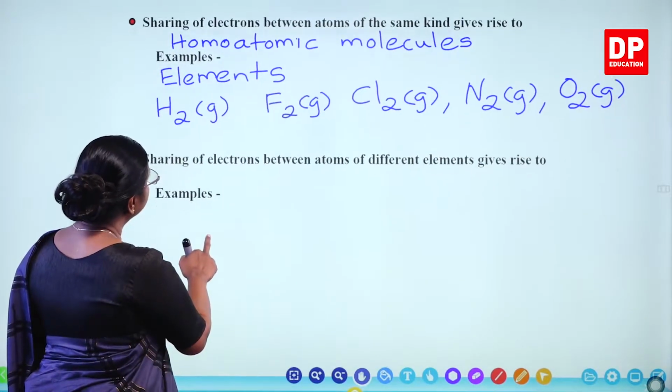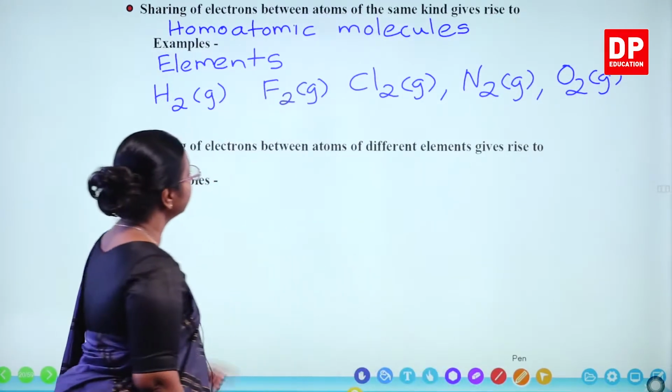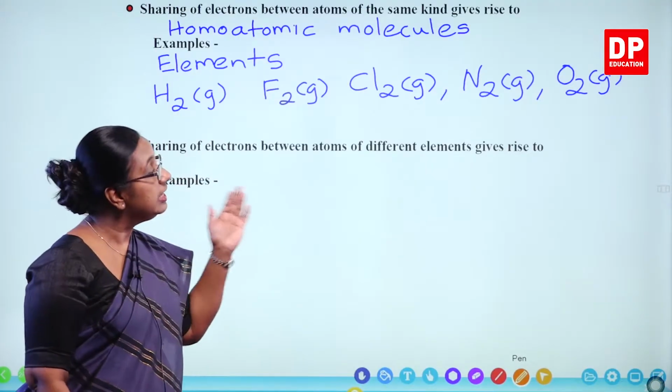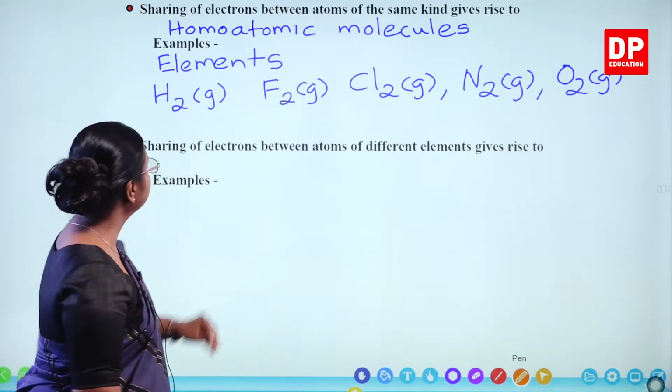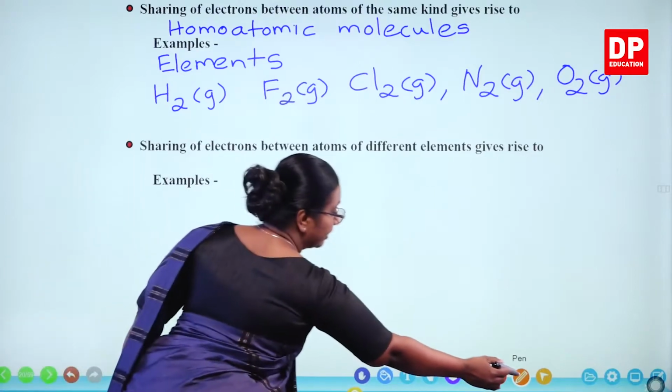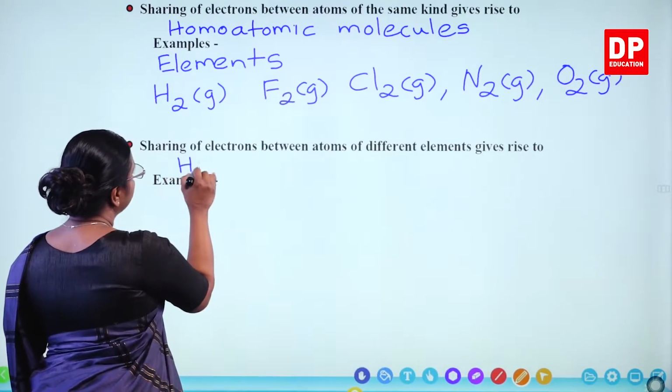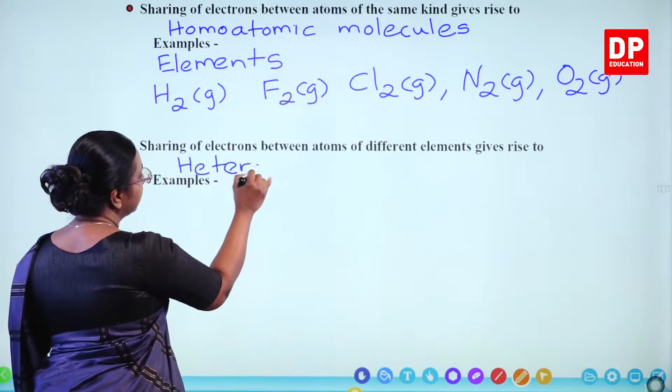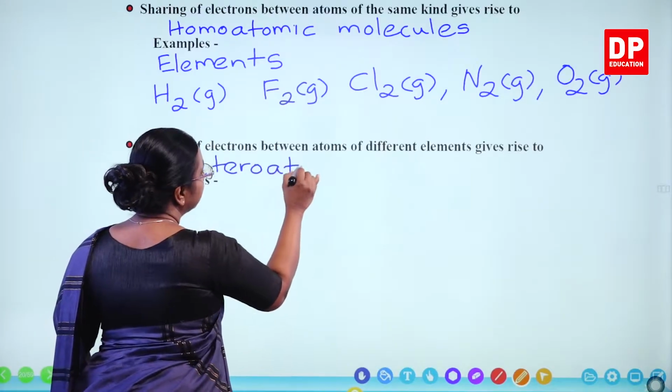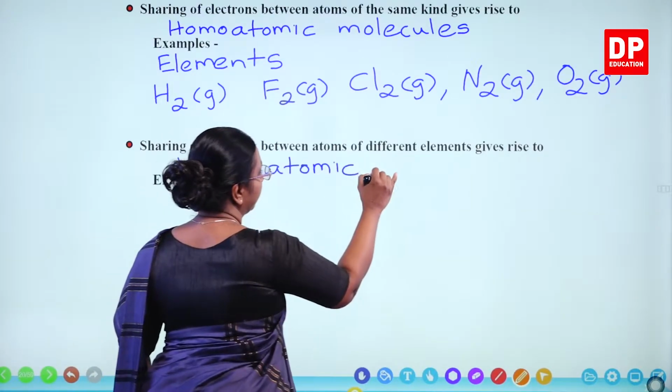Then, sharing of electrons between atoms of different elements gives rise to heteroatomic molecules. If there are different atoms, we call them heteroatomic molecules.